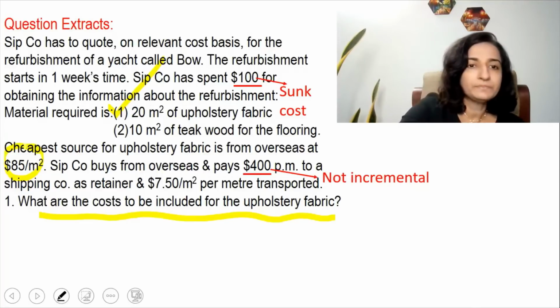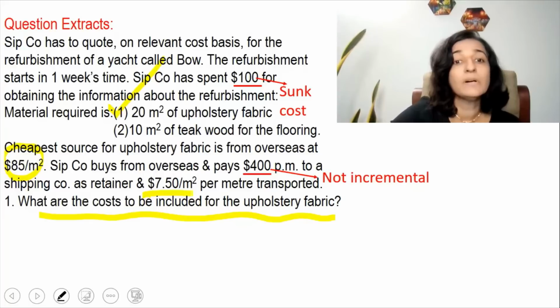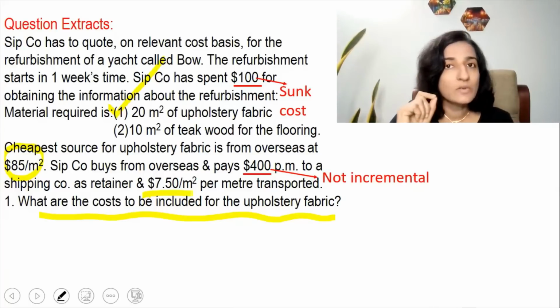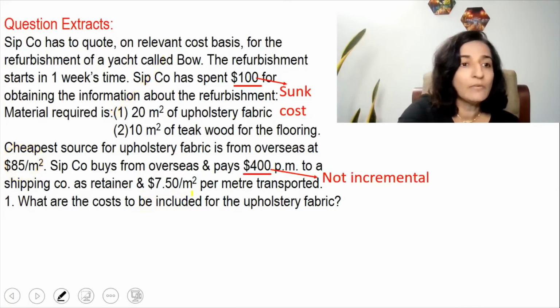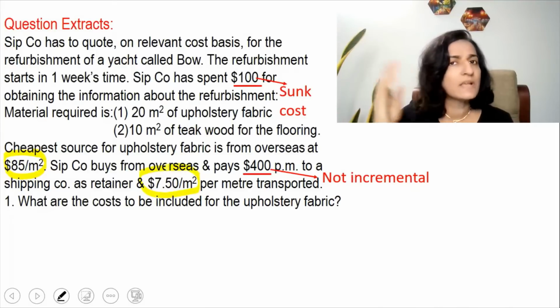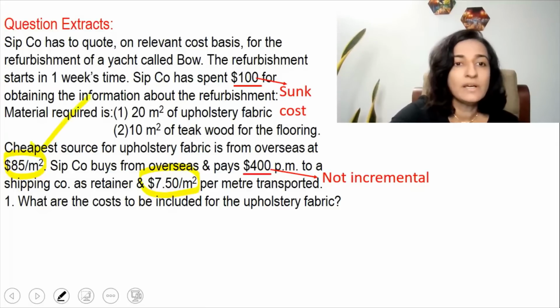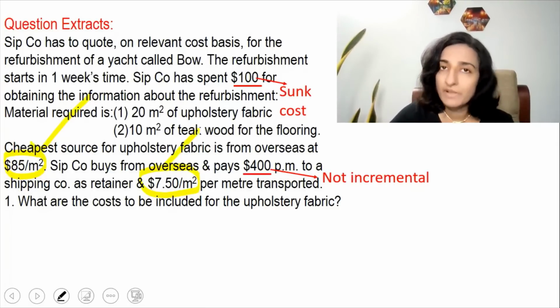Next, $85 and $7.5 per square meter transported. So basically, you will have to pay for the cost of the upholstery fabric and also the transportation cost. That is a cash outflow that is taking place. So what is the relevant cost? We have to pay $85 plus $7.5 per square meter.